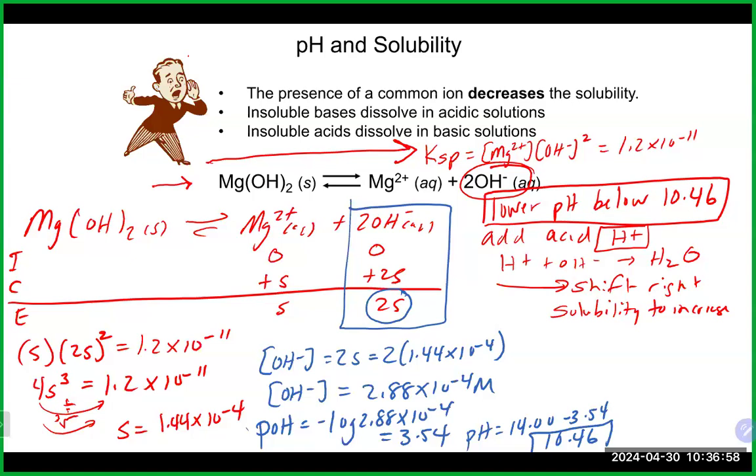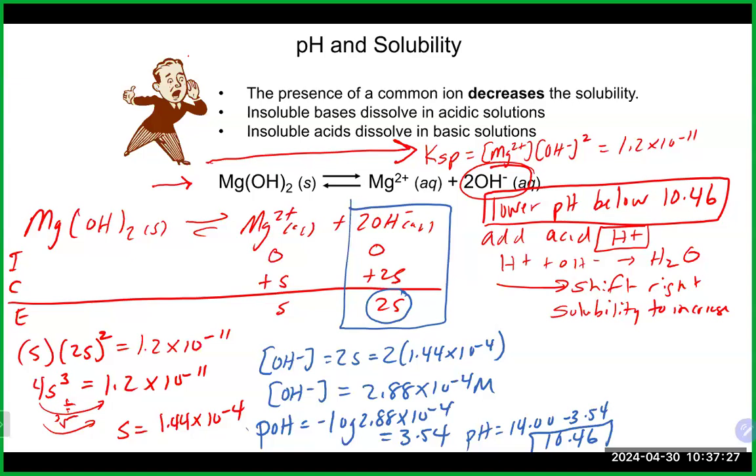You can even keep it basic and you will actually see it. I mean, if you drop that pH to even 9, you would see a fairly good amount of it start to dissolve because it's much more acidic than it should be at that point. It's going to increase the solubility of it. Question on that there? That is what it means when it says insoluble bases will dissolve in acidic solutions. So if you just lower the pH, you're going to cause that shift to the right.